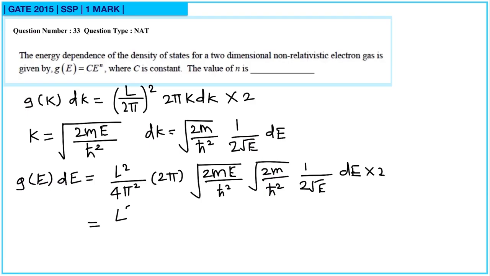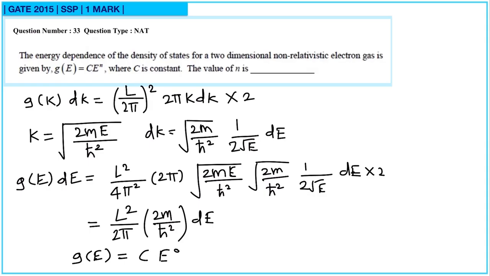So this will be equal to L square by 2 pi in bracket twice m by h cut square into dE. So this is the g(E) part. So that means g(E) is not depending on E. That means g(E) is equal to some constant into E raised to 0. So value of n is equal to 0. This is the answer.